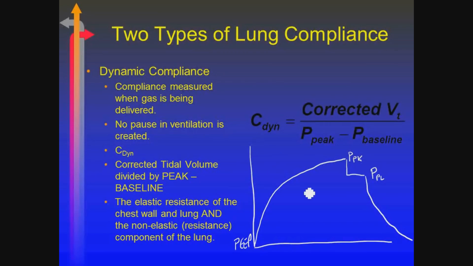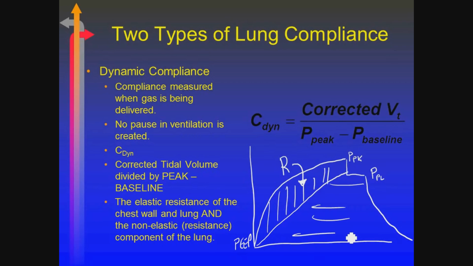Now, if I draw this straight line from there to there, this part is resistance. This part is compliance. And this will make more sense in about an hour. Maybe. Maybe not.